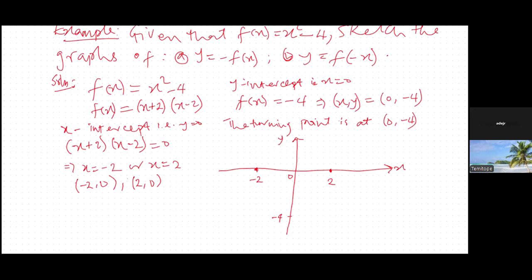You have it here. So that means the curve for y equals f of x will now go this way. So this is y equals f of x, which is x squared minus 4. Now that we have seen the curve, we already know the coordinates that will be needed to do our transformation.